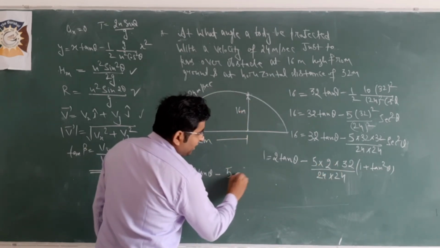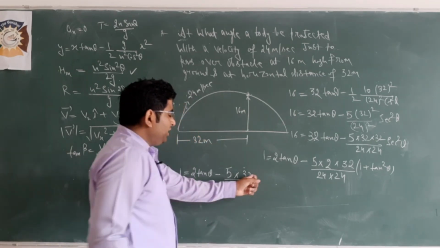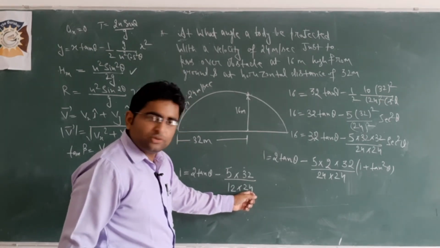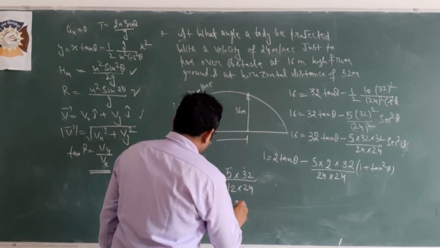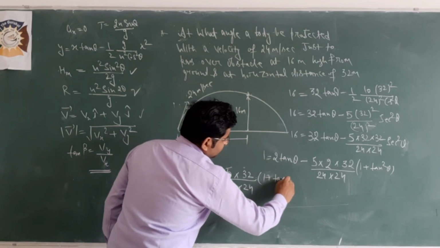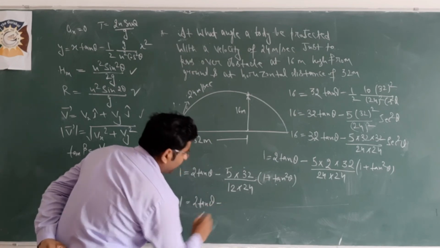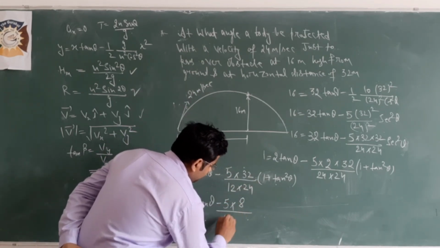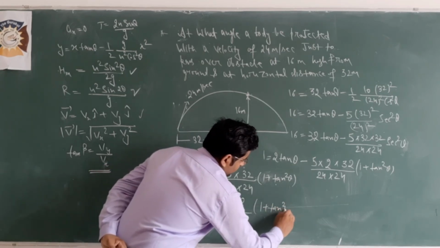When you solve it, it will become 1 equal to 2 tangent theta minus, here 12 will come, 24, 4 eights are 32, 4 sixes are 24. Clear? So it will become 5 into 1 plus tan square theta. So 2 tangent theta minus 5 as it is. Here 8 will come, here 6 will come.